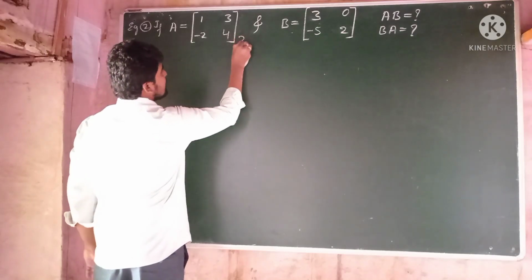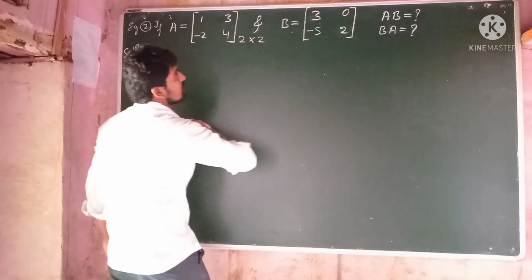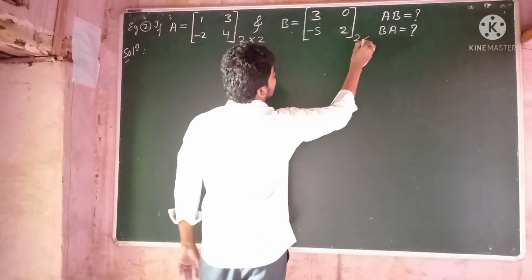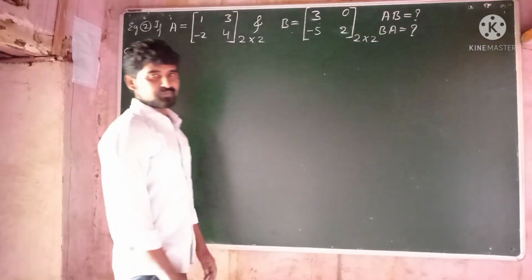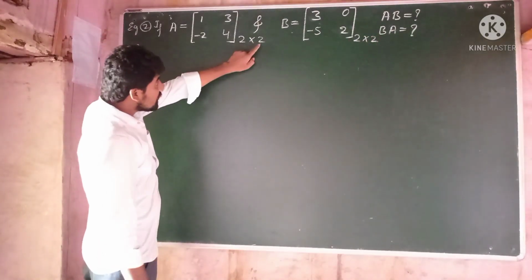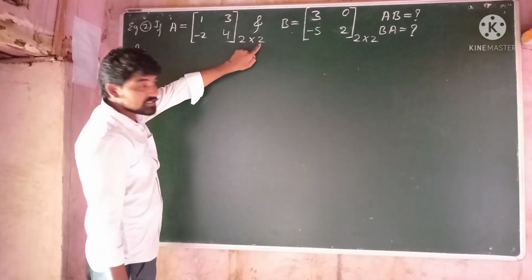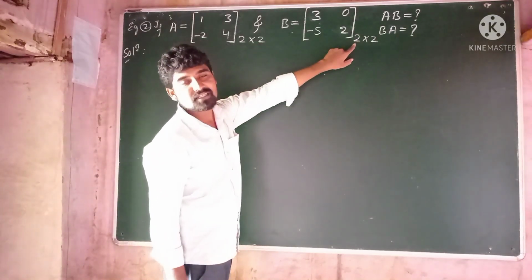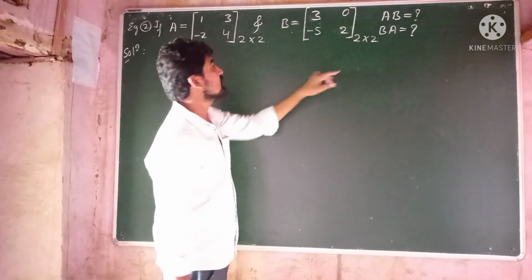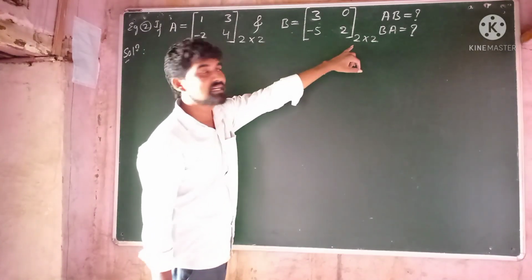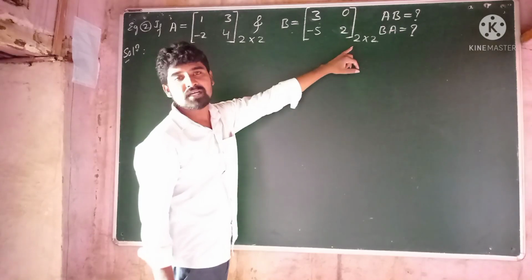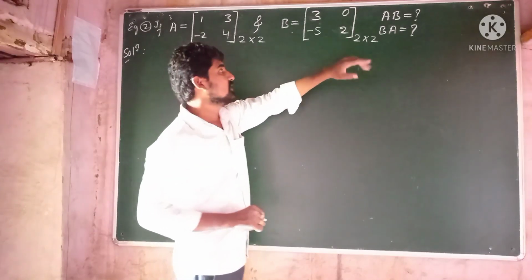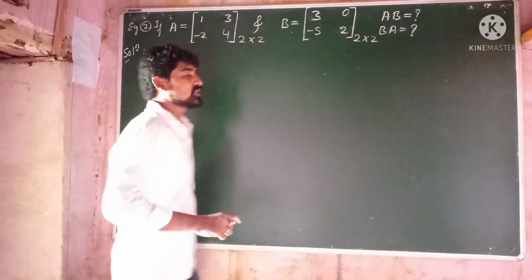Therefore the order of the matrix A is 2 cross 2 and the order of the matrix B is also 2 cross 2. So the number of columns in the first matrix is 2 and the number of rows in the second matrix is 2. Since the number of columns in the first matrix is equal to the number of rows in the second matrix, matrix AB is possible here.